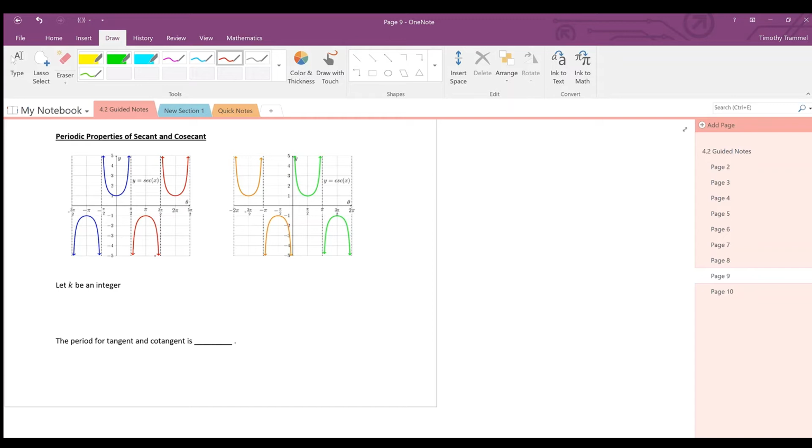And so that's going to be 2 pi radians if we look at this picture. So 2 pi. And so then secant of t plus 2 pi k is equal to secant of t, and cosecant of t plus 2 pi k is equal to cosecant of t. And now we're on to our last page.